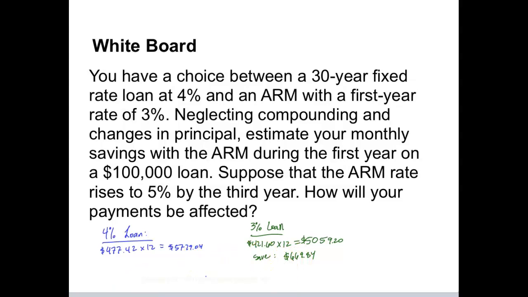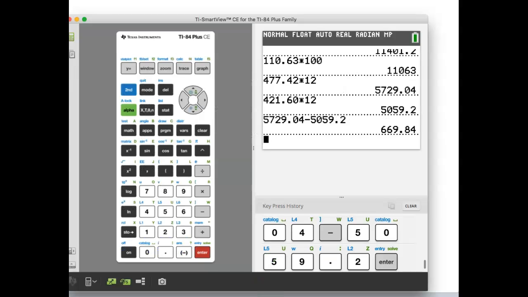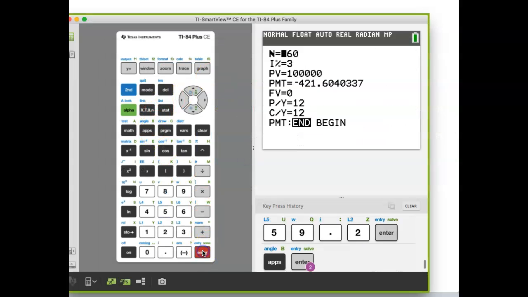If it goes up to 5%, you end up paying $536 per month. So your mortgage goes up by over $100, like $115, which is $115 that you now have to spend every month that you didn't before. So that could be a pretty severe impact.